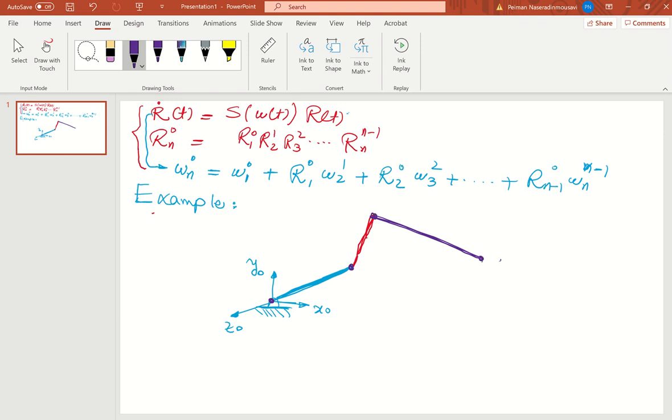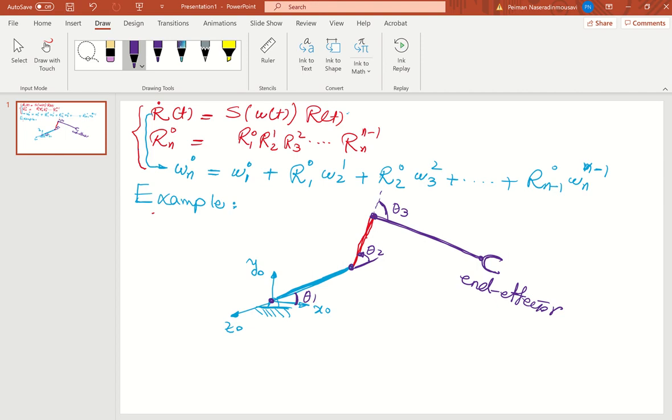And here is the end effector, that is picking up the object, like the Baxter I have in the lab, okay? So you have this rotation, theta 1, the rotation of this link with respect to this link, theta 2, and you have this rotation, theta 3.